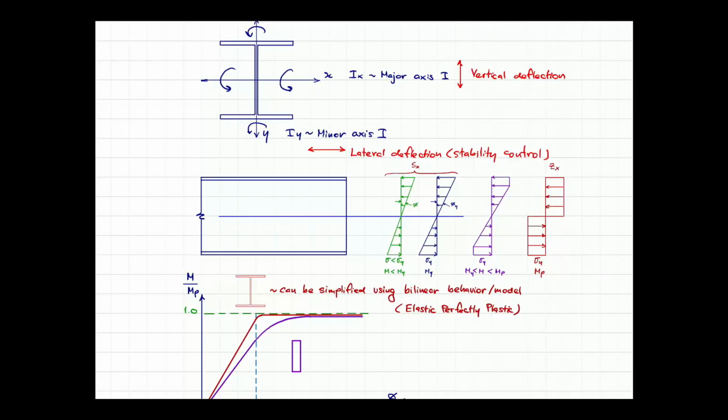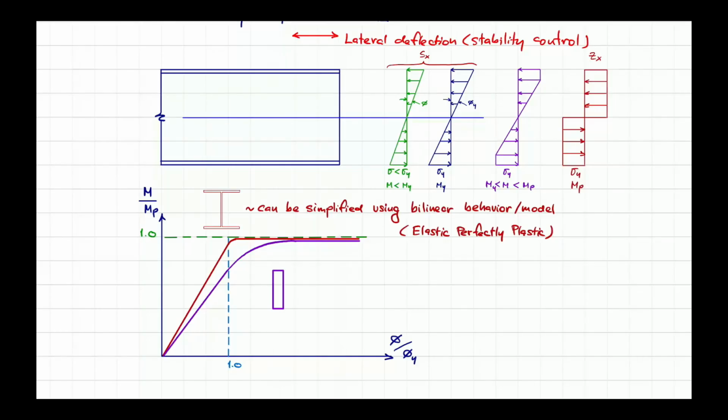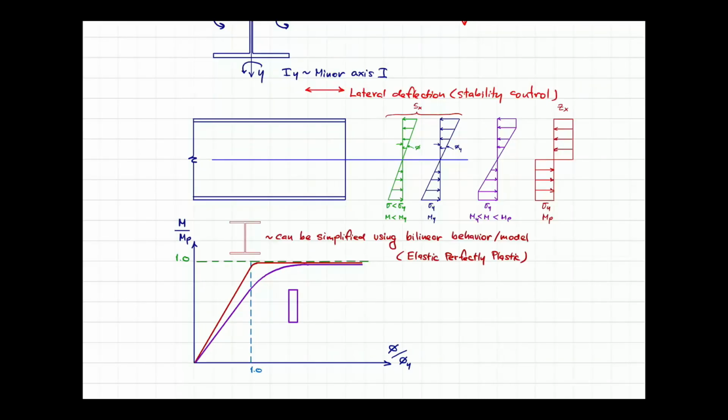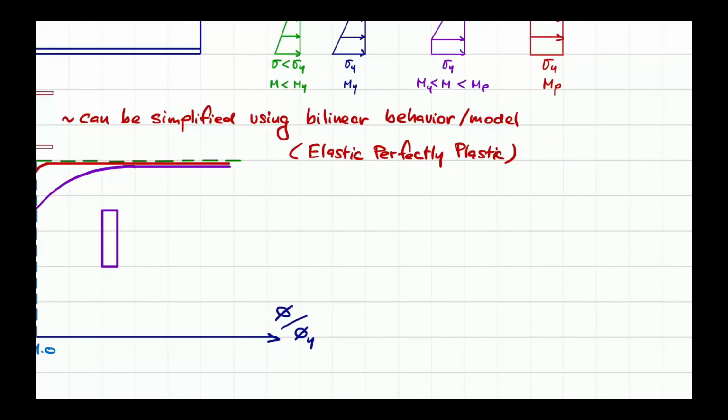The SX comes from sigma equals MC over I. You know this.